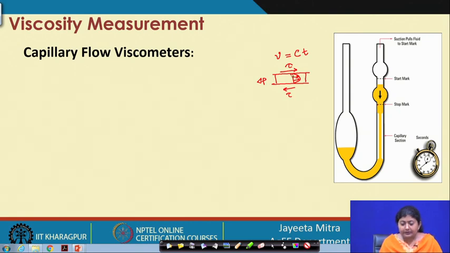In this case, if we try to balance the force, that means the force that is causing the flow, that is the pressure force, and the shear force that is opposing the flow, that is tau.